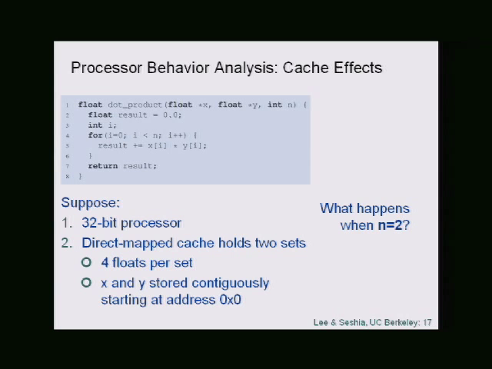So remember what's happening is you'll have x0 to x7, and then y0 to y7.